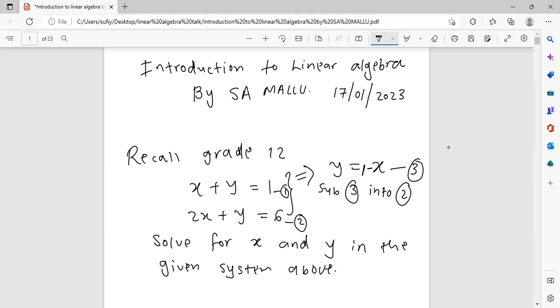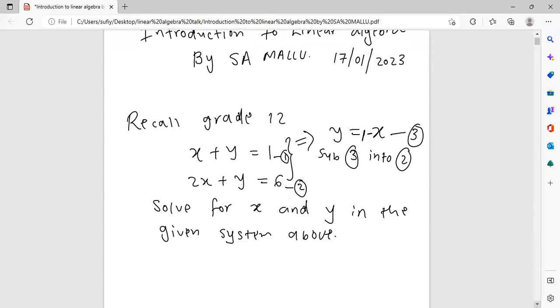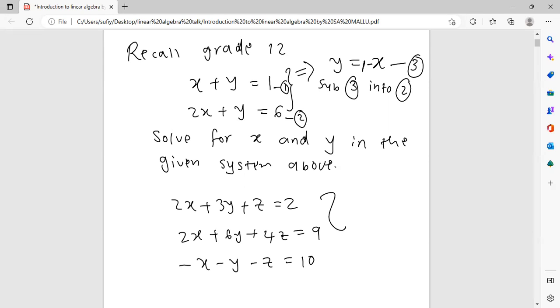We're also going to see what happens when we have more equations and more variables. Imagine a case like this: 2x plus 3y plus z equals 2, 2x plus 6y equals 4, 4z equals 9, minus x minus y minus z equals 10. Now imagine doing all this manually as we did with two equations.